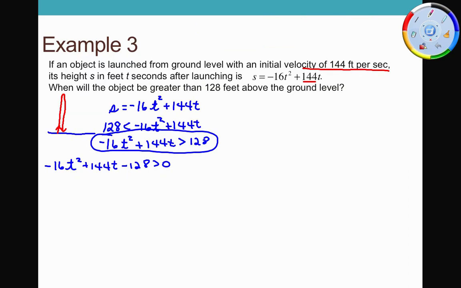So I'm going to multiply both sides by -1. Now when I do that, -1 times -16 is 16t squared minus 144t plus 128. Now when I multiply by the negative, remember it flips that symbol, okay?